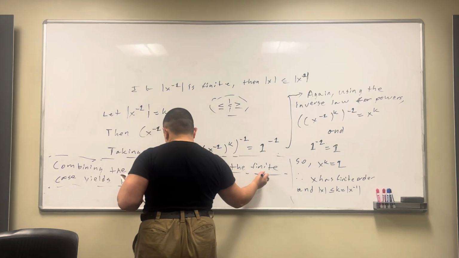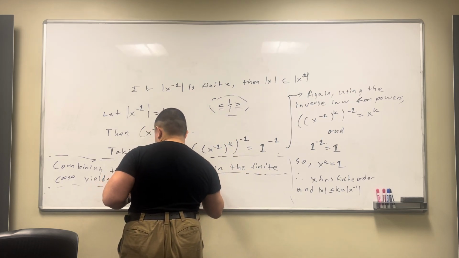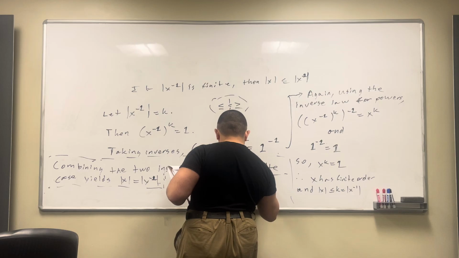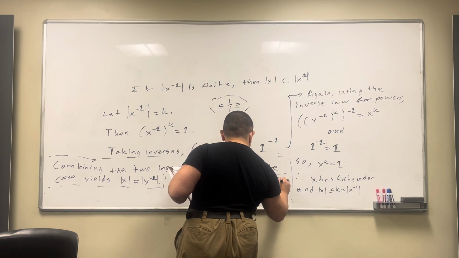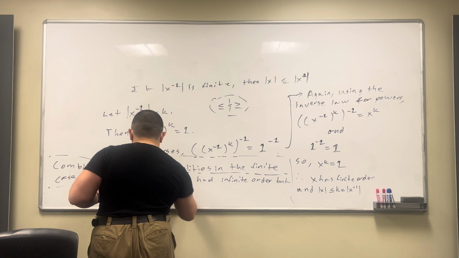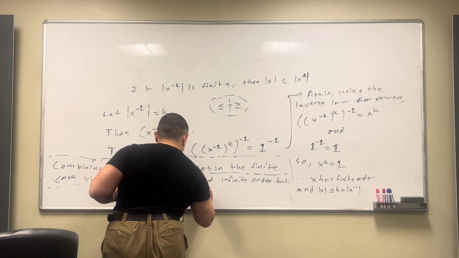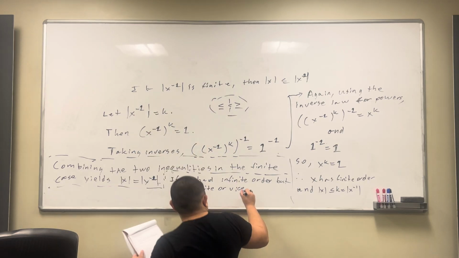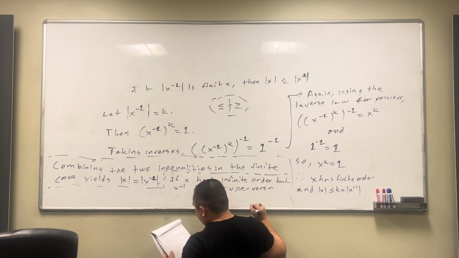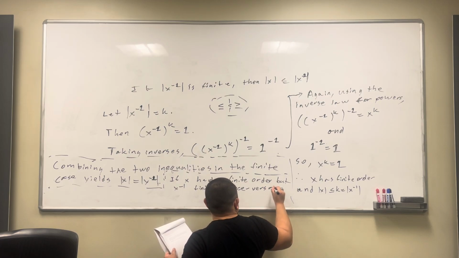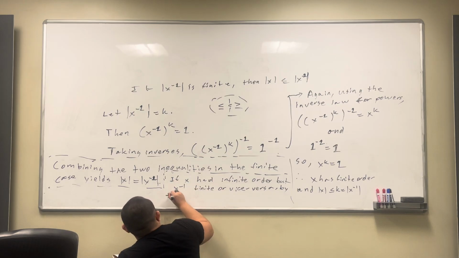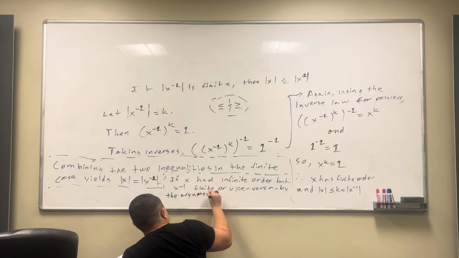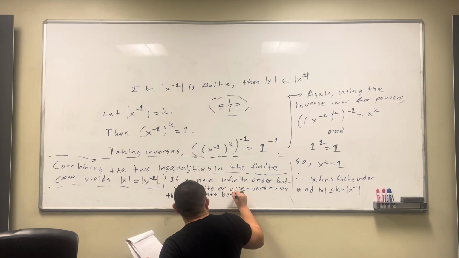So if x had infinite order, but its inverse finite, or vice versa, by the arguments before, we'd get a contradiction.